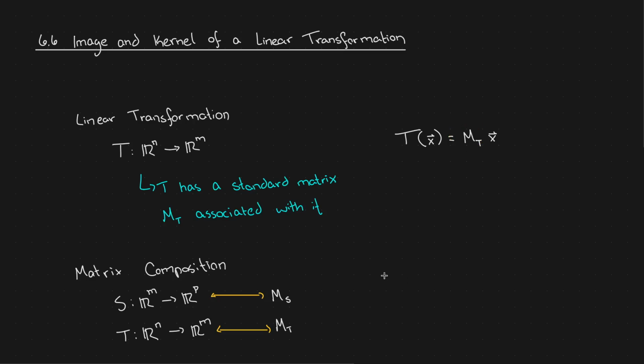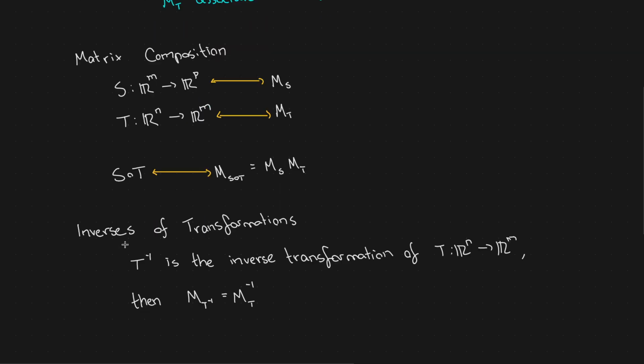What do I mean? So a linear transformation only is guaranteed to have a standard matrix associated with it when the domain of the transformation is a vector space like Rn. Okay? R, the set of all real numbers, to a certain number of dimensions. Okay? But linear transformations can apply to more spaces than that.